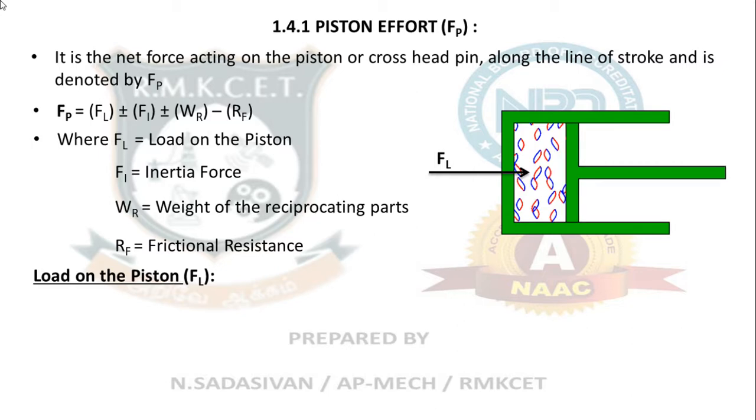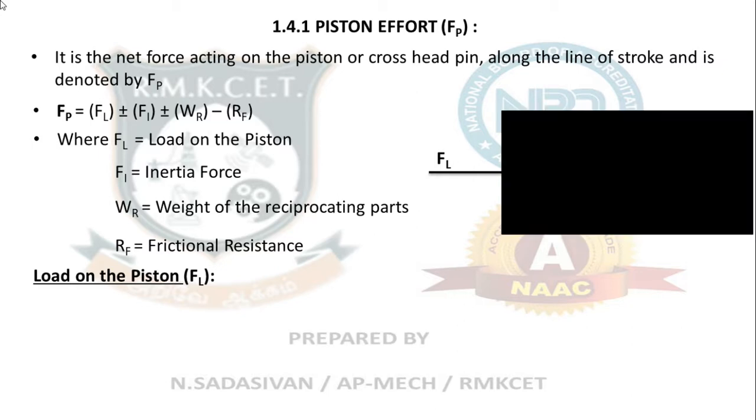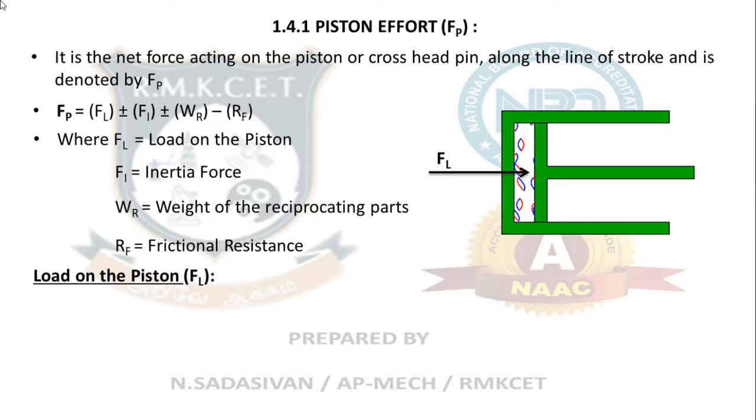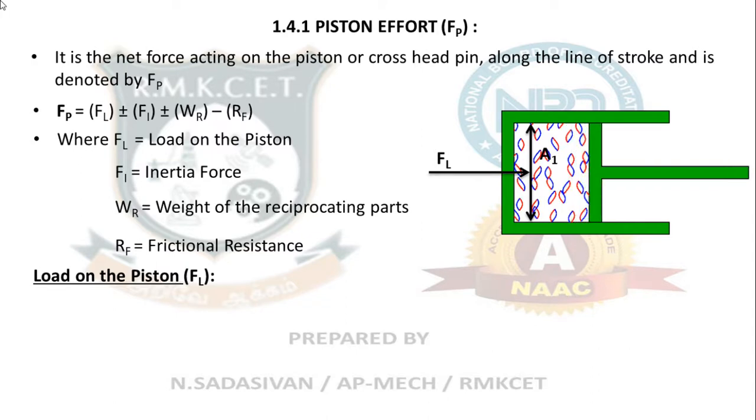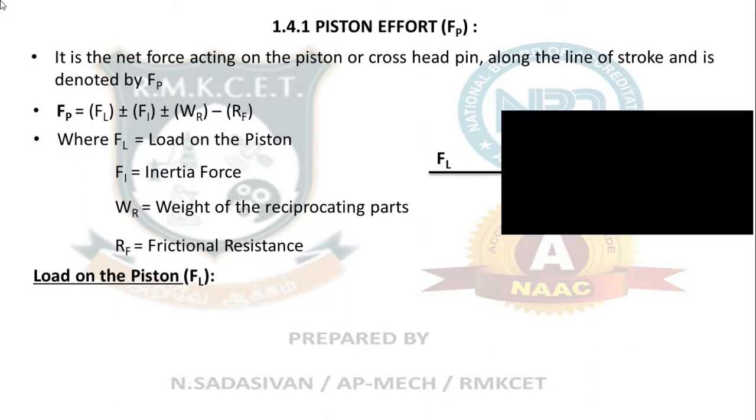Now if I know what is the pressure that is arising inside the cylinder, then if I multiply it with the cross-sectional area of the cylinder A1, then I can tell what is this force acting on the piston. Correct?